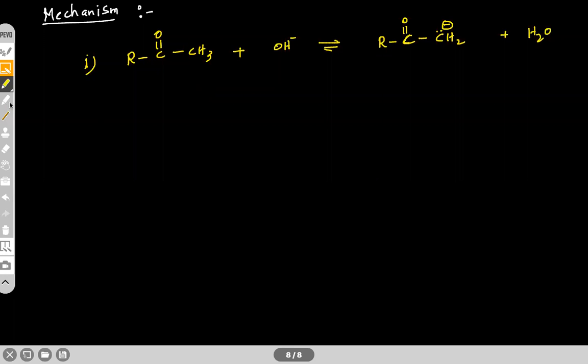Now in the second step, what happens? This conjugate base, R-C double bond O-CH2 negative, reacts with the iodine I2 molecule.